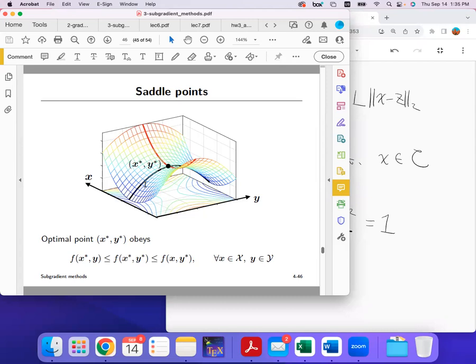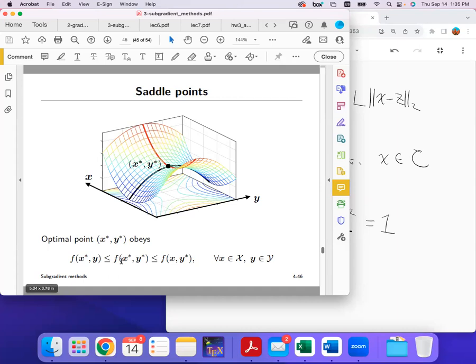Now you put these two together, you are looking for that saddle point. And this saddle point, (x star, y star), satisfies this saddle point inequality. This is the definition of the optimal point for this problem.